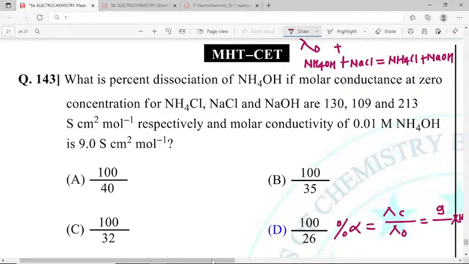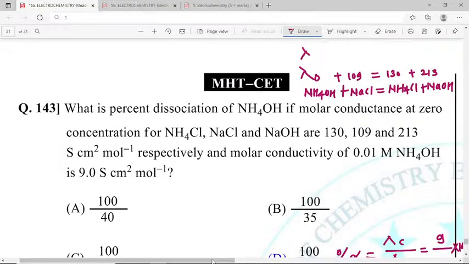What is the NaCl value? 109. So NaCl 109 is equal to NH4Cl 130 plus NaOH 213. Okay. So what is the lambda naught value? Lambda naught is equal to 343 minus 109.